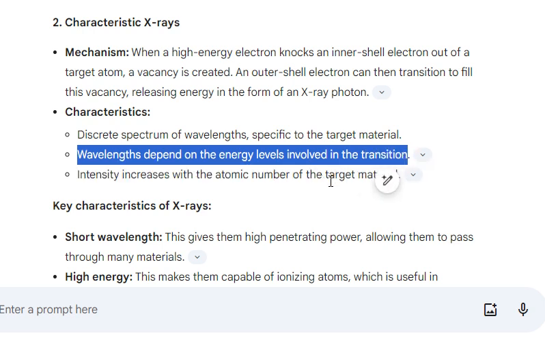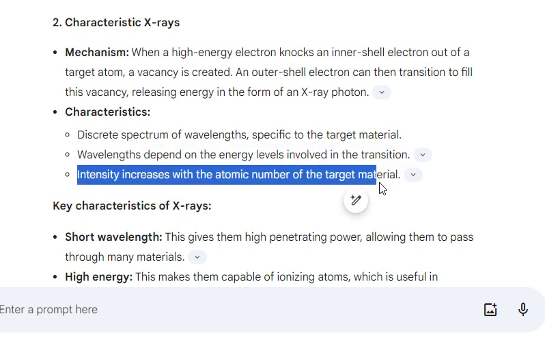If the K shell inner electron has been replaced, then depending on whether the L shell electron or the M shell, third shell electron fills that vacancy, that energy level determines the wavelength released. That amount of energy is released from that atom, and that's why we call it characteristic X-rays.